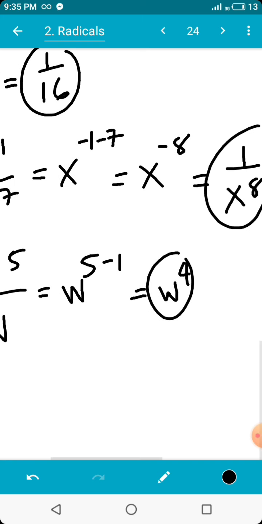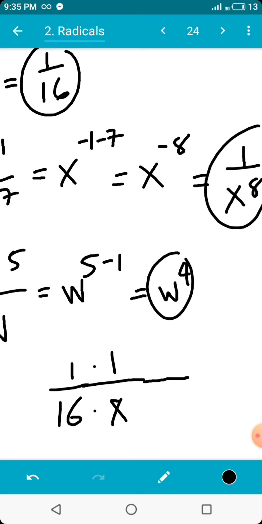Alright? So, it will become now 1 over 16 times 1 over x raised to 8. So, itong w raised to 4, kung gagawin niya fraction, di ba, over 1. So, ibig sabihin, nasa numerator lang siya. So, w raised to 4 over 1.